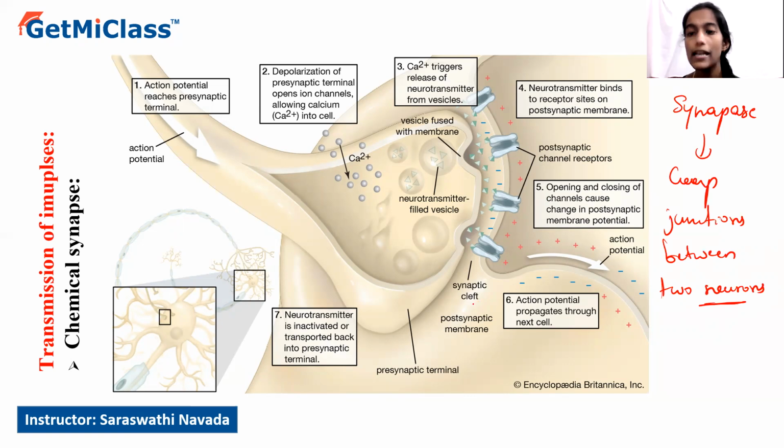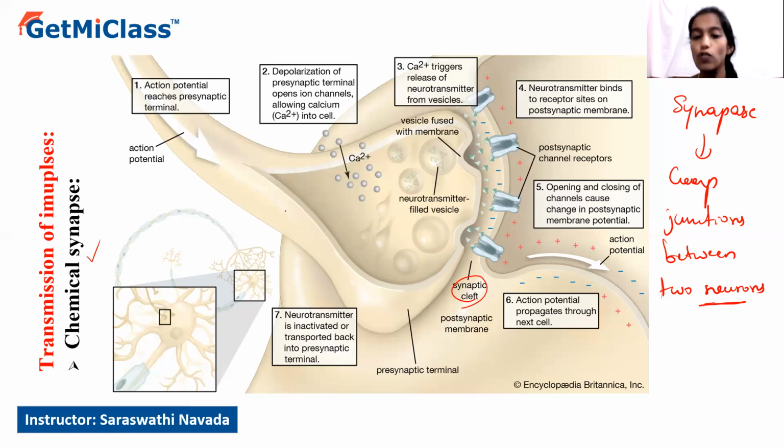So here, in case of transmission of the impulse, it may either be mediated through chemicals or there may be direct transmission. So based on that, nerve impulse transmission is of two types. One is the chemical synapse and another one is the electrical synapse. Whichever the type of synapse, in every synapse there will be participation of two neurons.